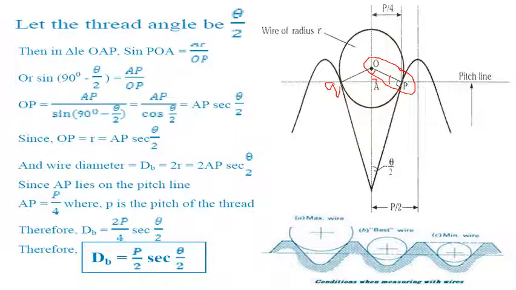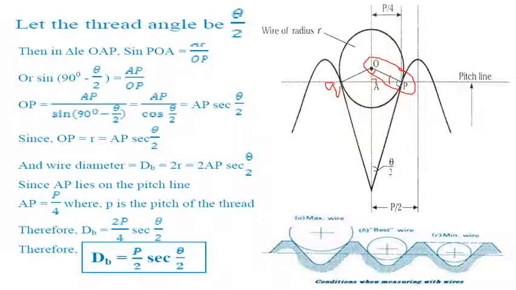So 2 times AP will be equal to PQ, which is P by 2. So dB will be P by 2 of secant of theta by 2.